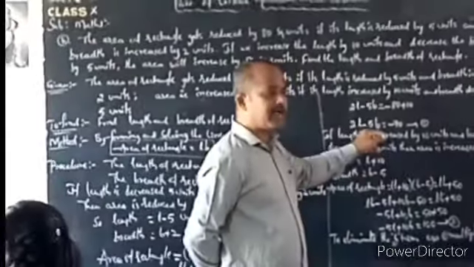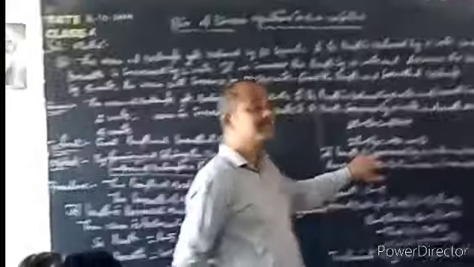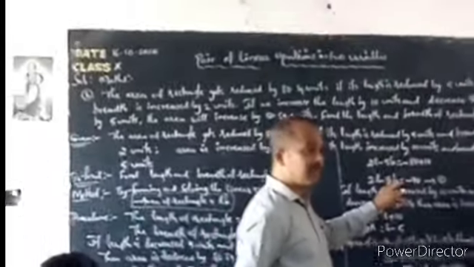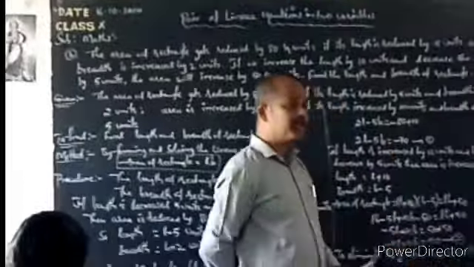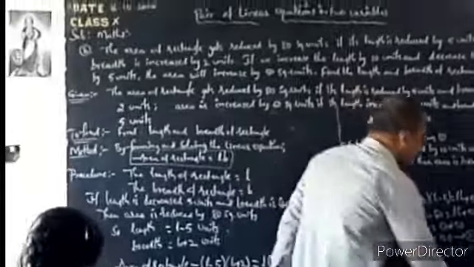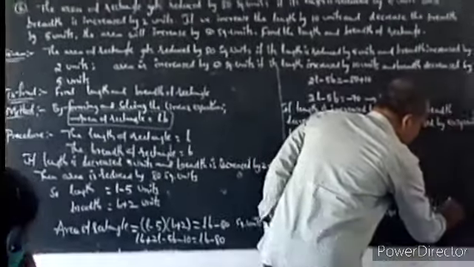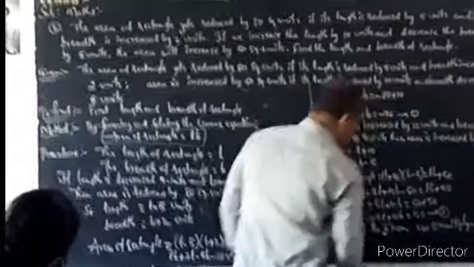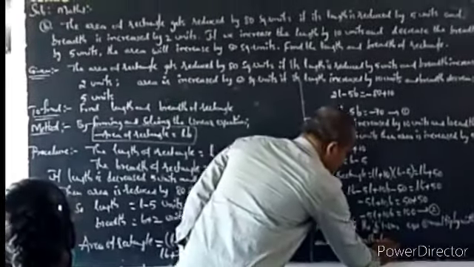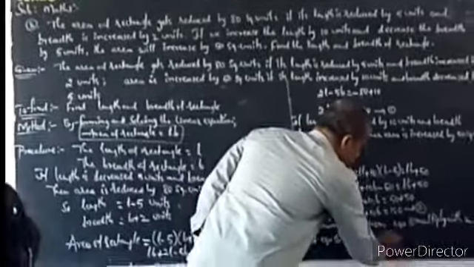Here HCF we are finding. HCF is how much? 5. HCF is 5, so 5 is taken out. What is the difference here? 1 we are getting here, 2 we are getting. If you multiply with 2, we are getting equal. Equation 1 multiply with 2 and equation 2 multiply with 1.